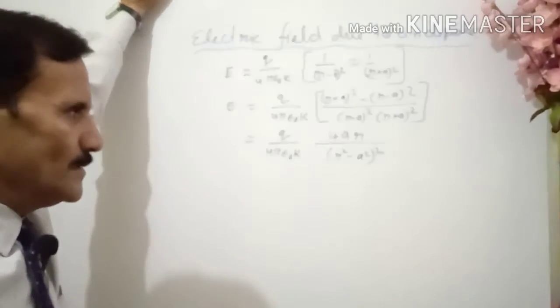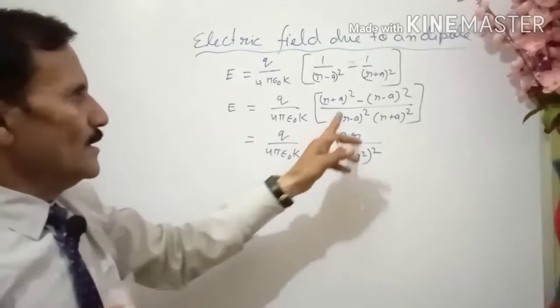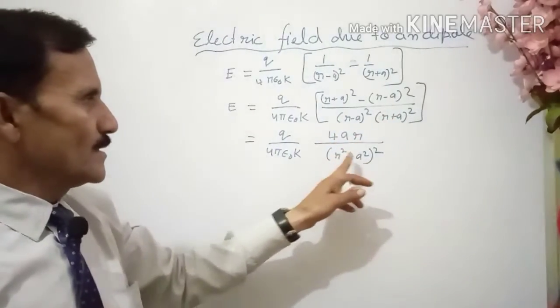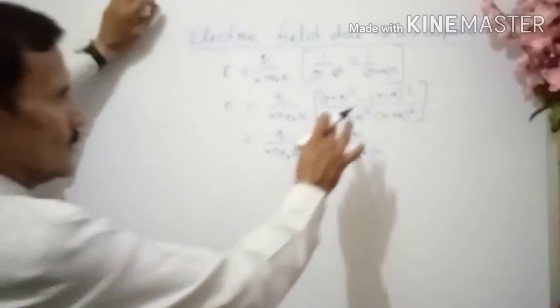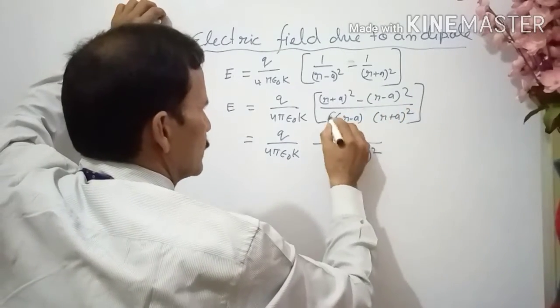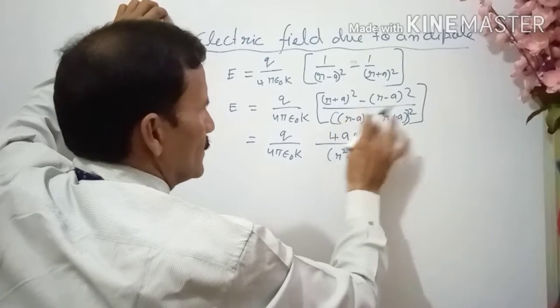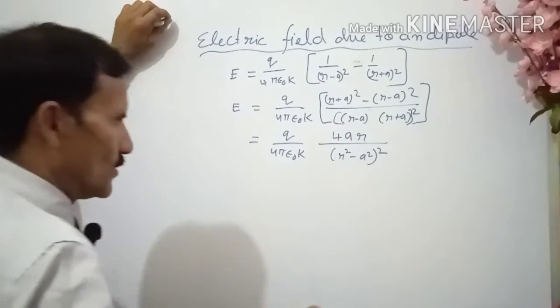Are you understanding? Not very hard. (r minus a)(r plus a) is nothing but this, and the square is already there. So take it either like this, whole square, then this is equal to this and whole square, okay.